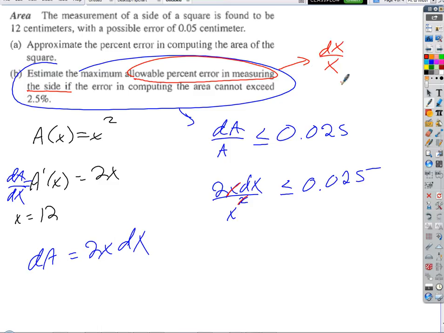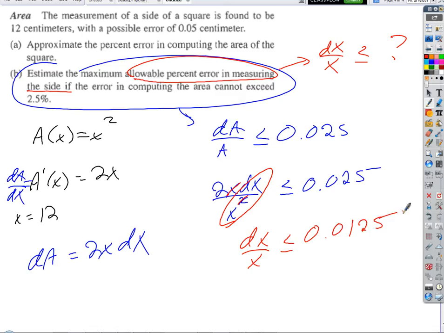So they want to know dx over x has to be less than or equal to what? Well, look right there, there's a dx over x. Just divide by 2. So dx over x has to be less than or equal to 0.0125. So 1.25%.